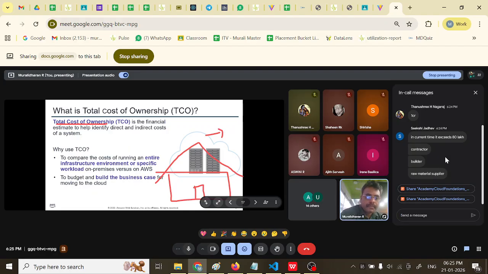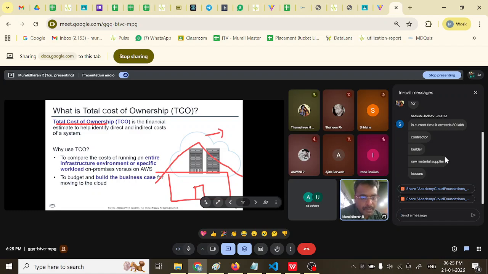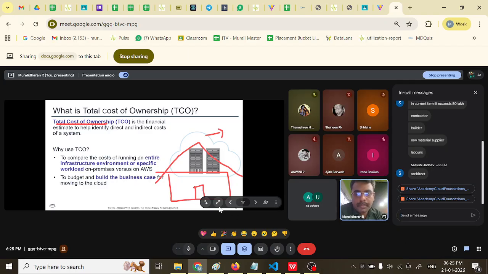Then raw material supplier, yes, exactly. Labors, okay, fine. Now these are all coming under architect, right? So now these are all coming under direct cost.